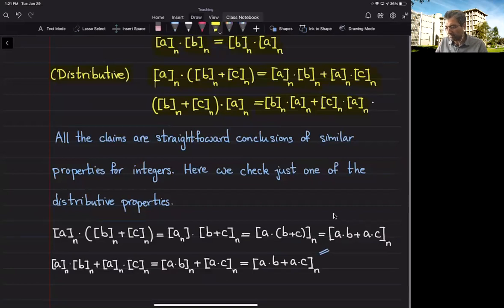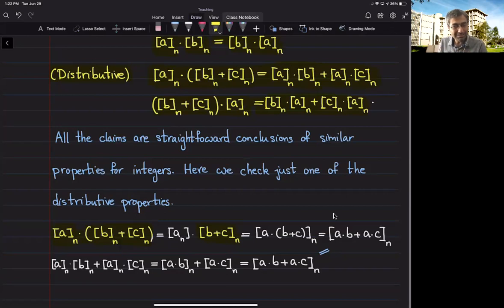Okay, so instead of starting from this side and showing that I'm getting the other side, I'm going to compute this side and compute the other side and show that they are giving me the same thing. So here I need to compute the residue class of A times the summation of residue classes of B and C. The summation of residue classes of B and C is the residue class of B plus C. You can think about these square brackets as kind of decorations.